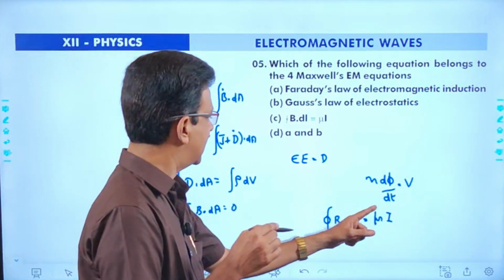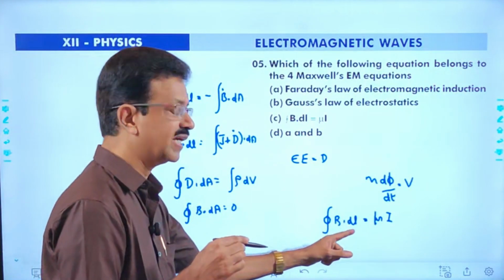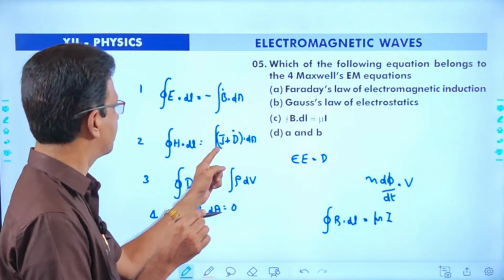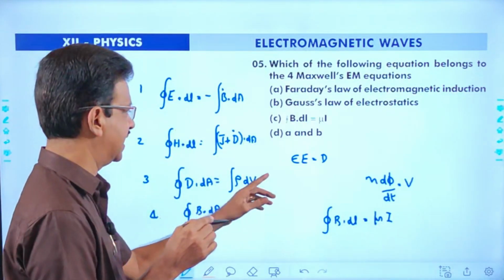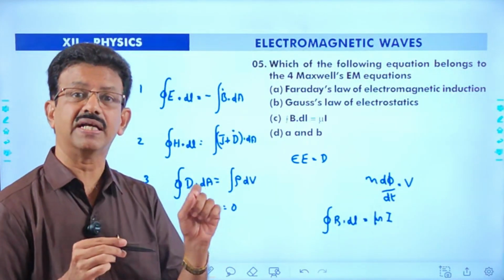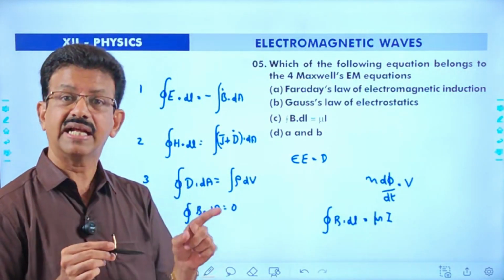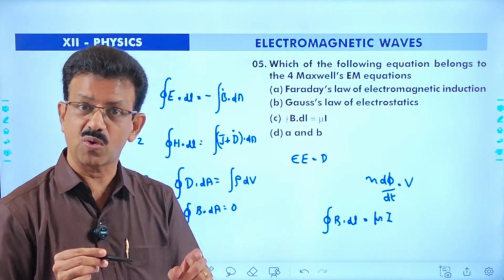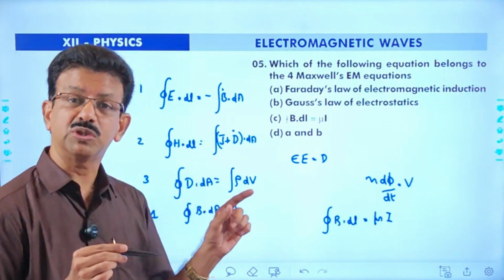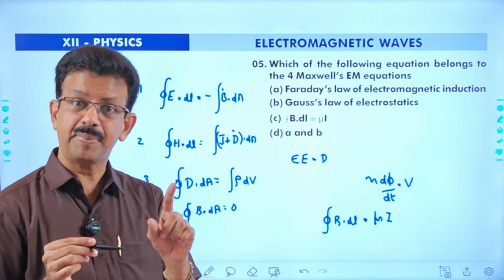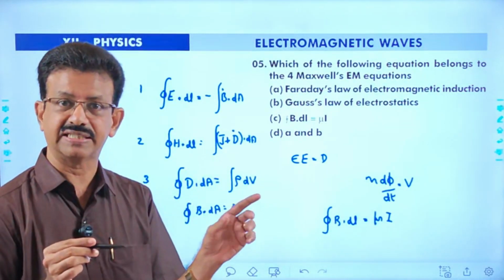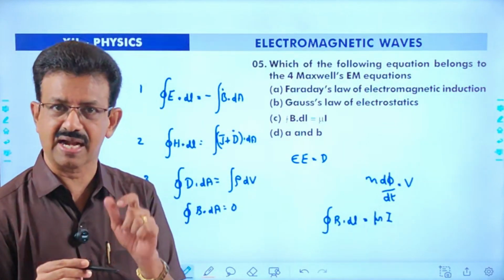Then H dot dl equal to I. For this equation, Maxwell put a correction factor, the second one. J dot dA means I. Then it becomes Ampere's circuital theorem. The second term is the correction factor proposed by Maxwell, and it is called displacement current. That is, Ampere's circuital theorem is slightly modified by Maxwell with a correction factor, displacement current.